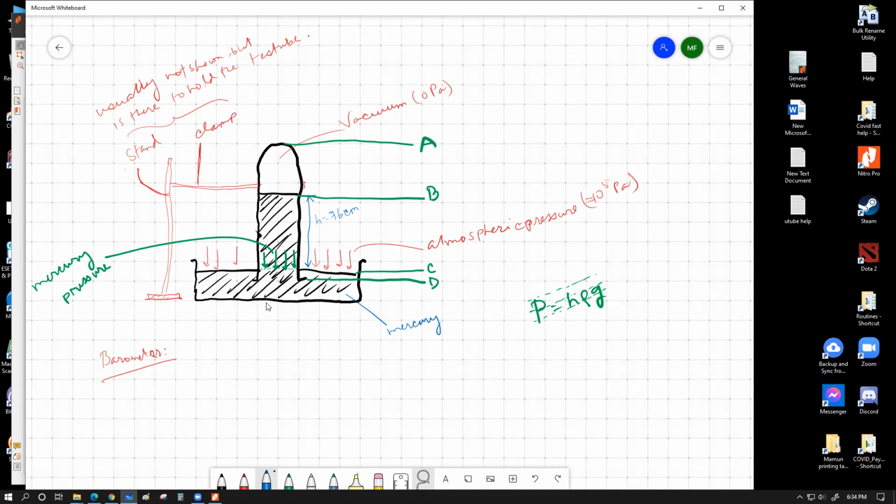For standard atmospheric pressure, the H is measured to be 76 centimeter.